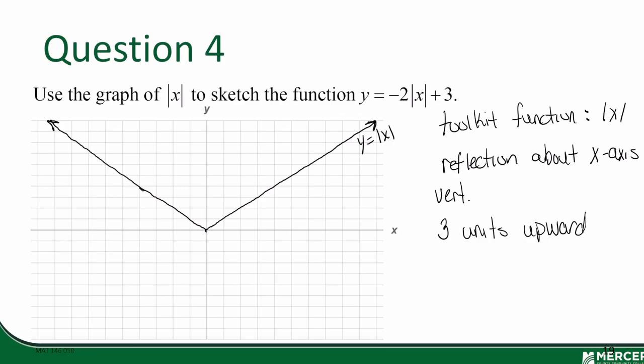So we handled the reflection already. That's there. Vertical shift. That's the 3 units upward, isn't it? That's not it. It has to do with the two. Mm-hmm. It's a vertical compression.